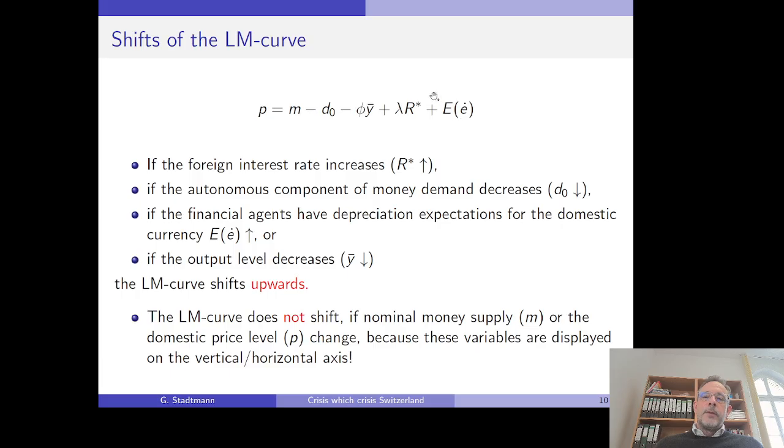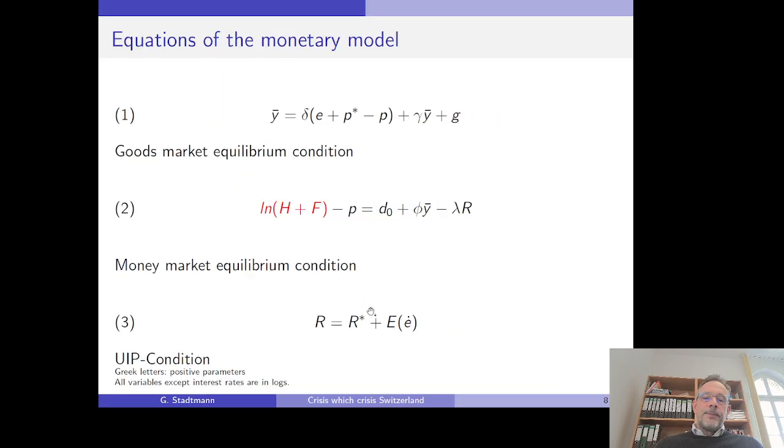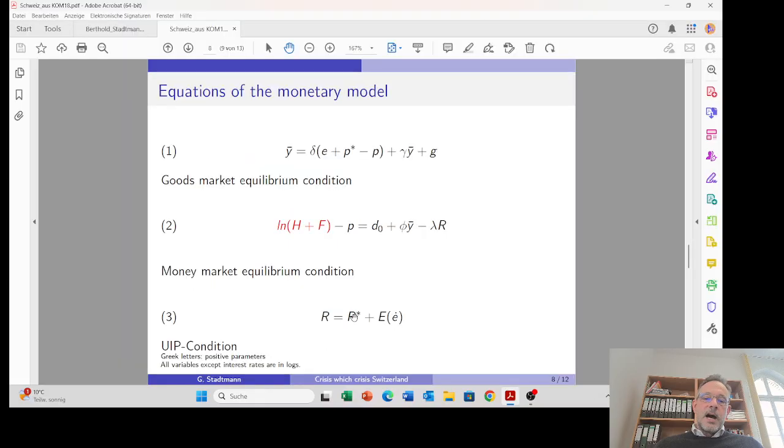And I can see one mistake here, but I will highlight it in a minute. So how do we get to this equation? We have to insert the right-hand side of equation 3 in the money market equilibrium condition. So we are inserting this stuff from the right-hand side instead of R.